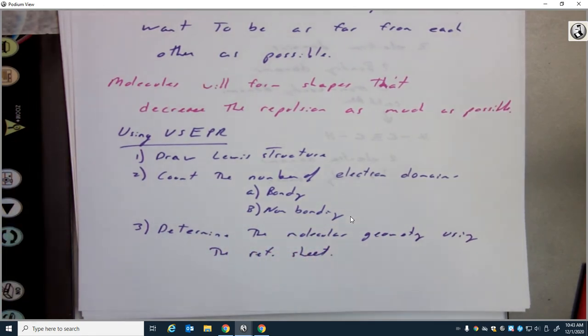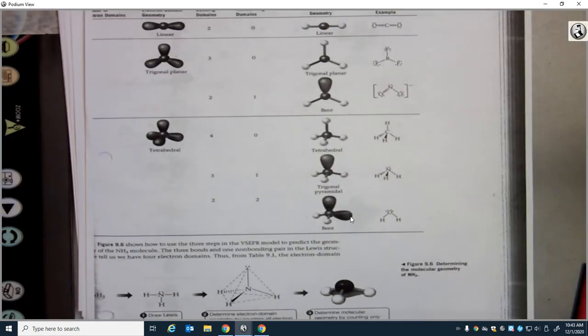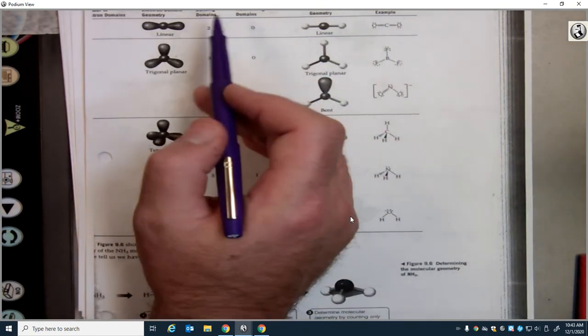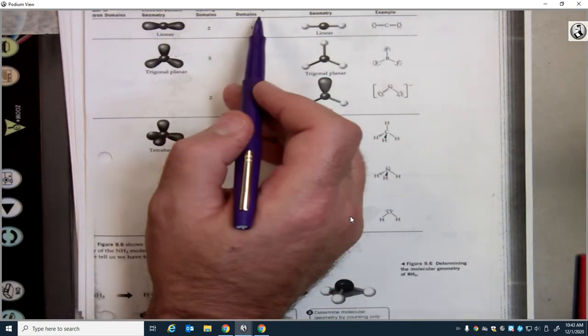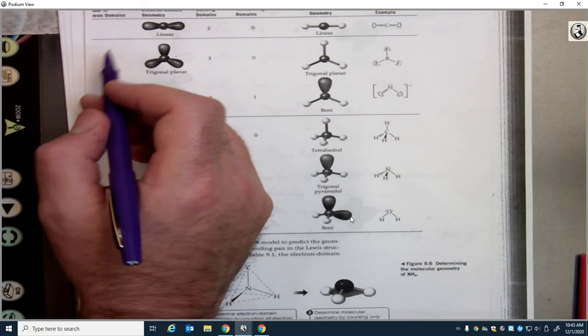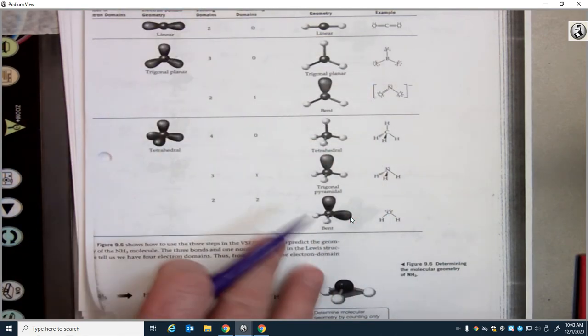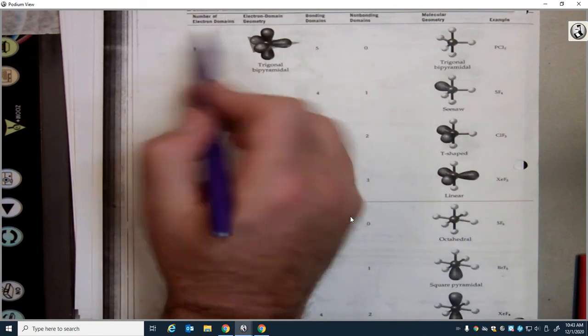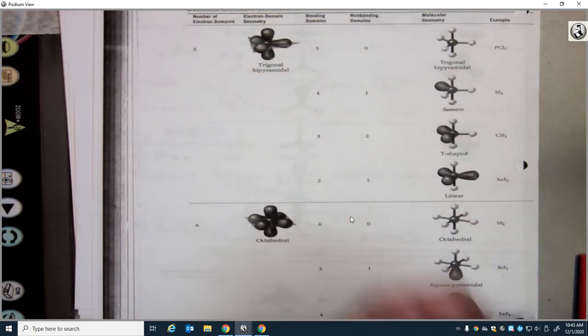And there's lots. They look all different, all right? But this is an example of a VSEPR sheet. And what it does is it gives us bonding domains and non-bonding domains, and it also gives us the total number of electron domains.